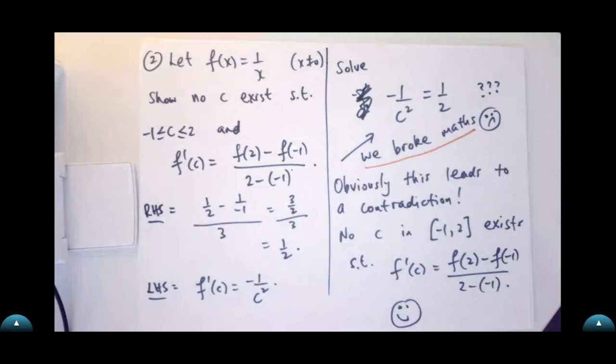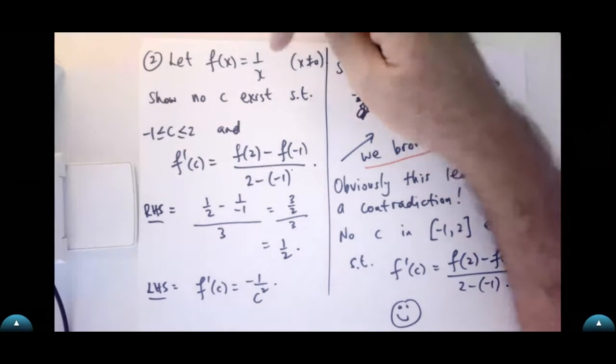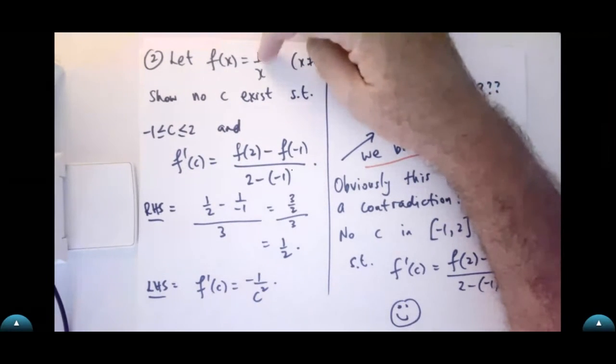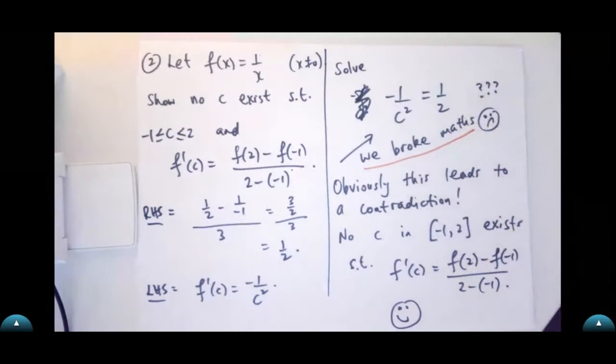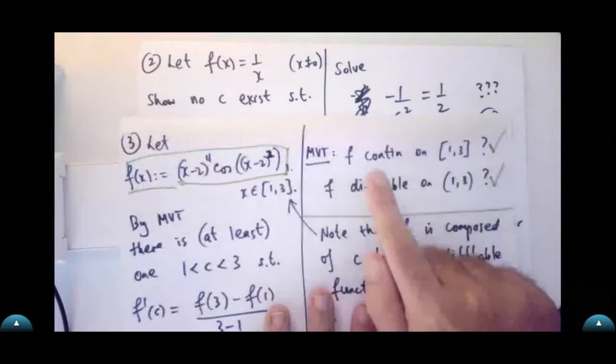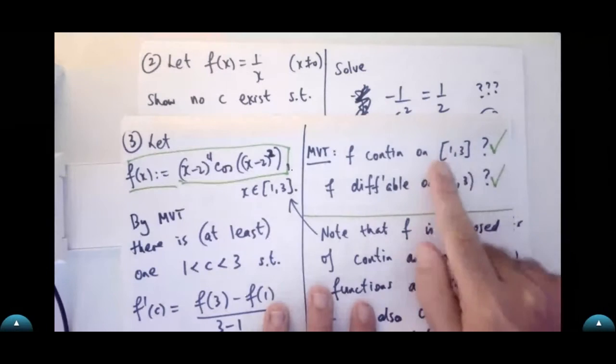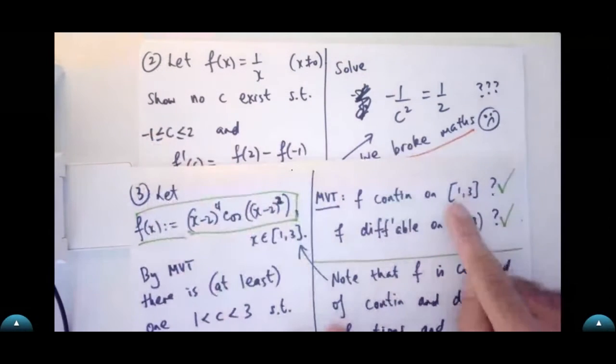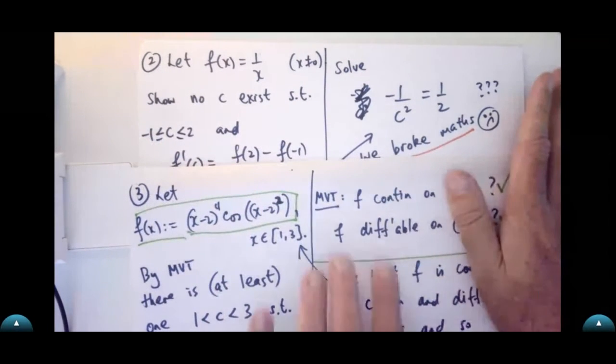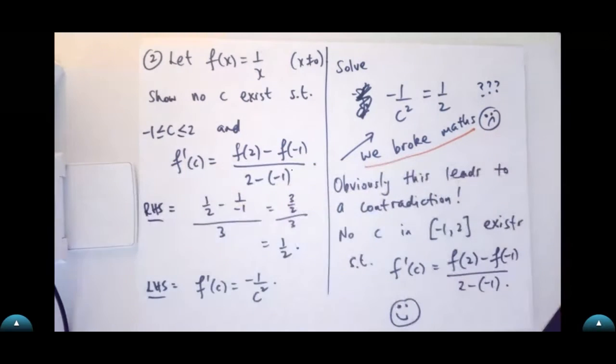Okay. So that's one of the ways that you can solve this kind of problem. This function doesn't satisfy these conditions on -1 to +2. It doesn't satisfy those conditions.